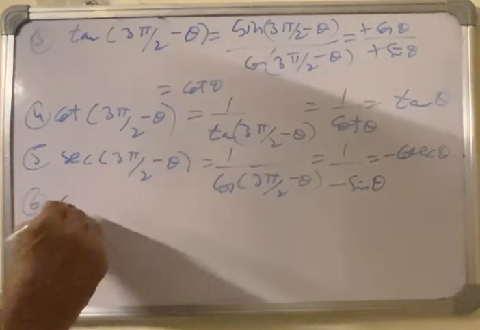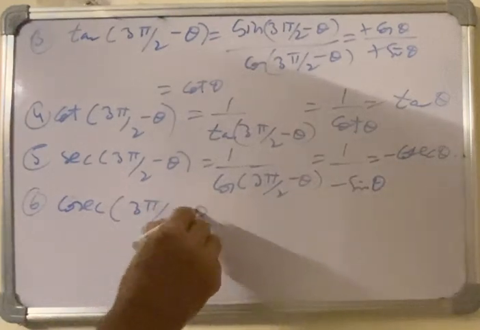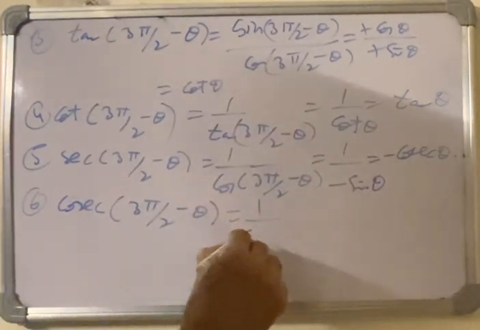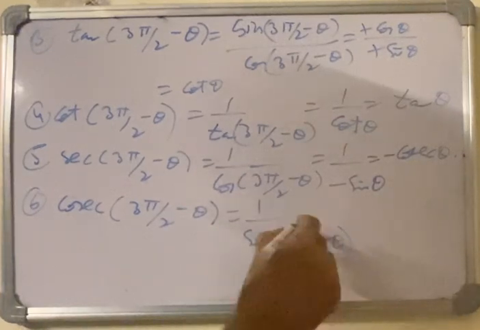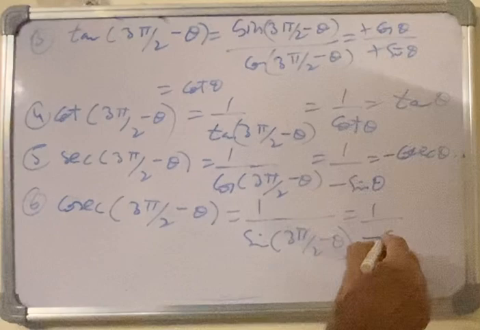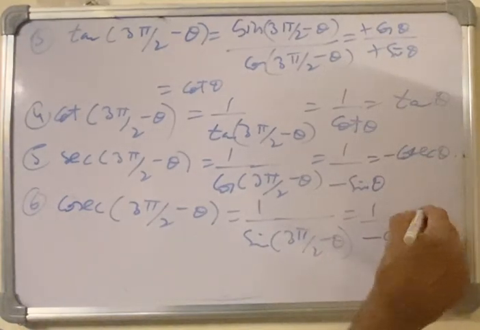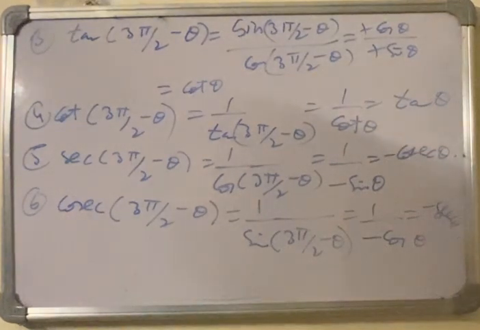Therefore, last is cosecant 3 pi by 2 minus theta, which is equal to 1 over sine 3 pi by 2 minus theta, which is 1 over minus cos theta, is equal to minus secant theta. So in case of angle 3 pi by 2 minus theta, cosecant changes to secant and it is negative.